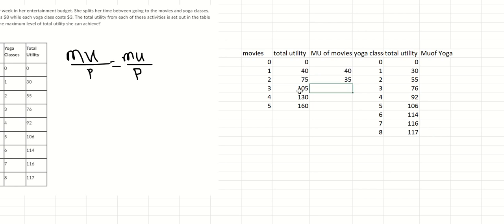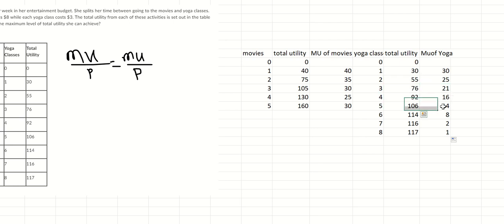So it's just each level minus the level before that. The difference between each level of total utility is your marginal utility. So let me do the same thing for all of them. And over here we do the same thing. So 30 minus 0, and then do that for all the levels, right? It's the difference between each level of total utility.